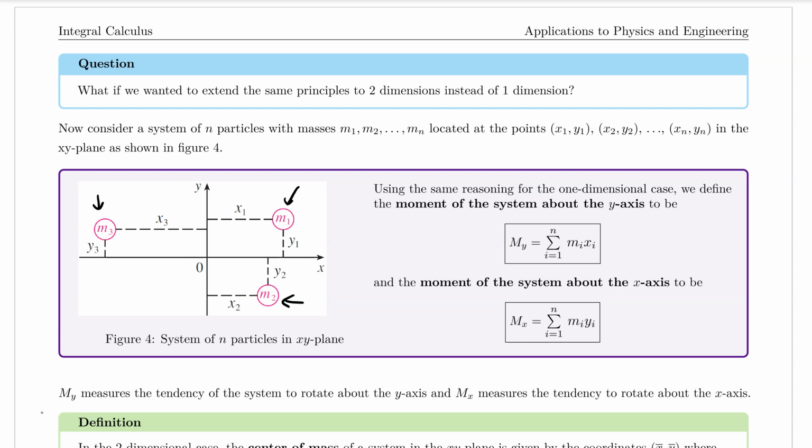Capital M sub y measures the tendency of the system to rotate about the y-axis, and capital M sub x measures the tendency to rotate about the x-axis.